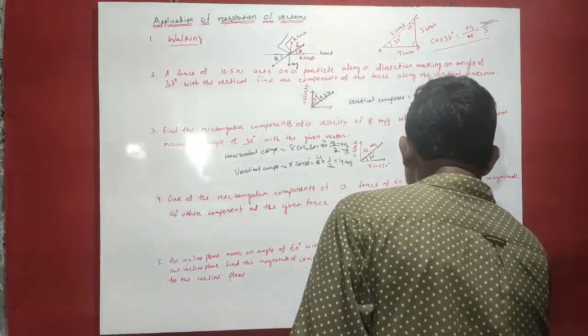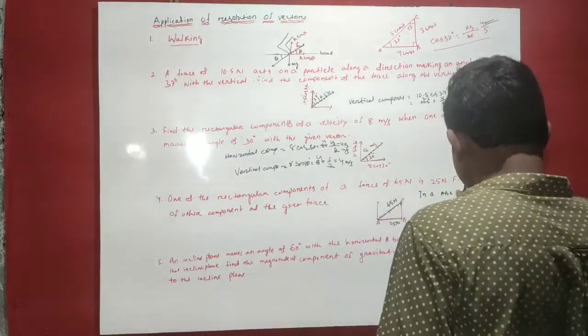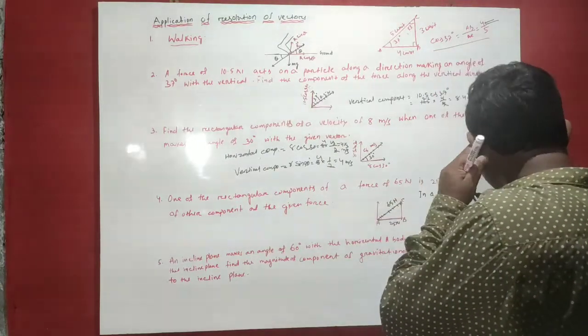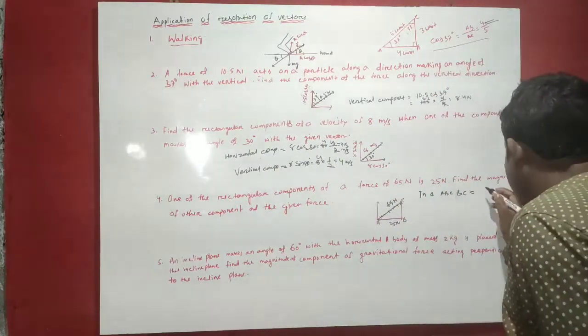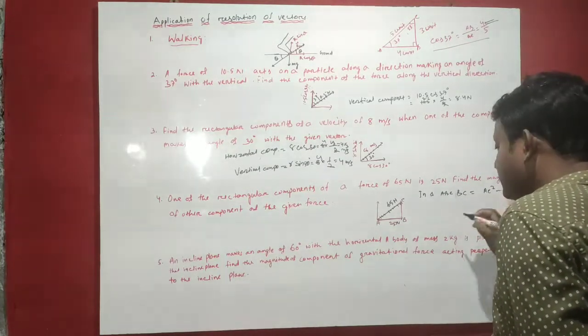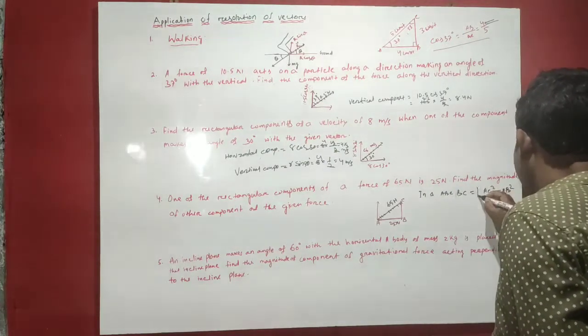In triangle ABC, BC is equal to the square root of AC square minus AB square.